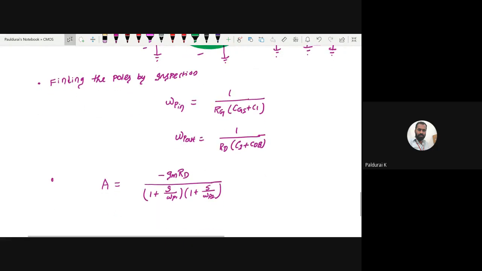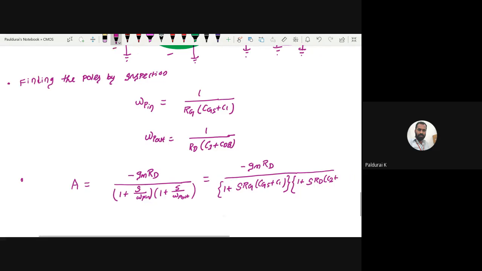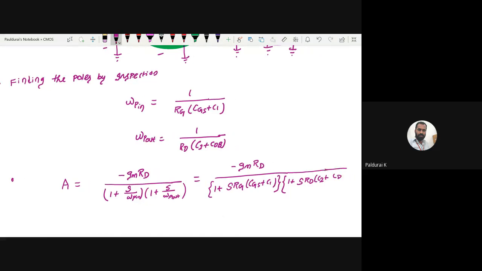Replacing omega P1 and omega P2 with omega p in and omega p out, you get minus gmRD over 1 plus s times RG times CGS plus C1, then 1 plus s times RD times C2 plus CDB.